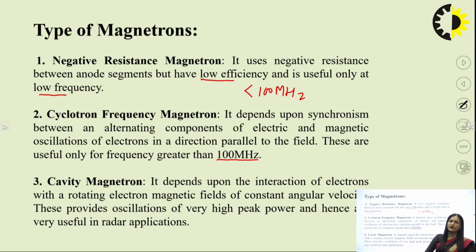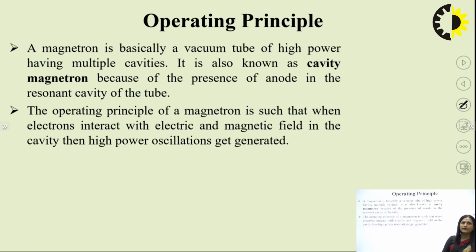So these are the three types of magnetrons. The operating principle of a magnetron: it is basically a high power vacuum tube having multiple cavities. There is one center cathode and a number of anodes situated in a circular fashion around the cathode. It is also known as a cavity magnetron because of the presence of the anode in the resonant cavity of the tube.